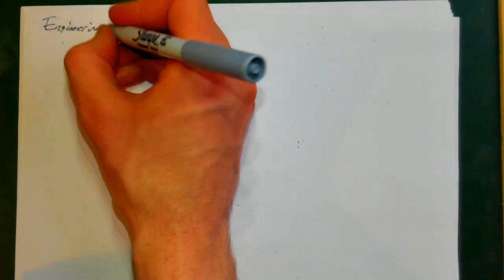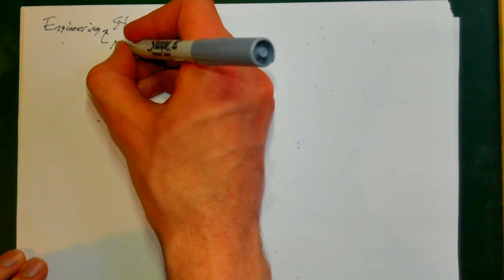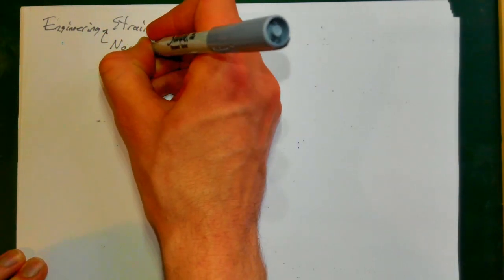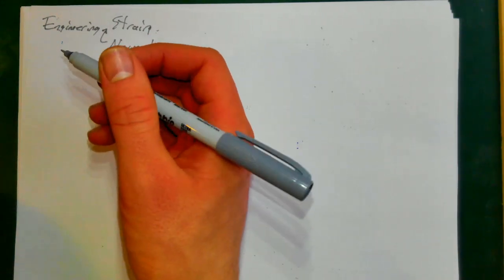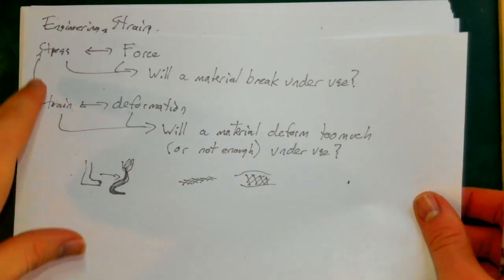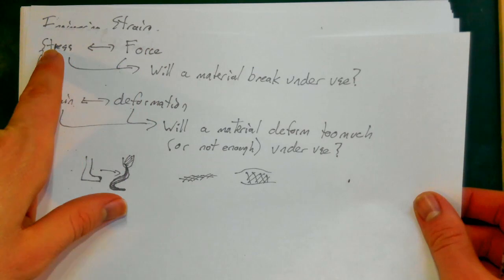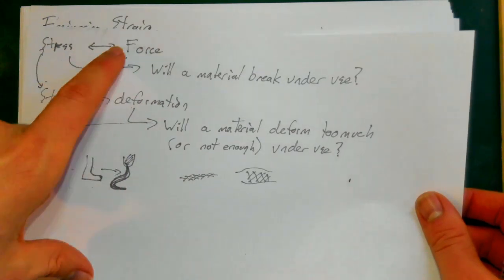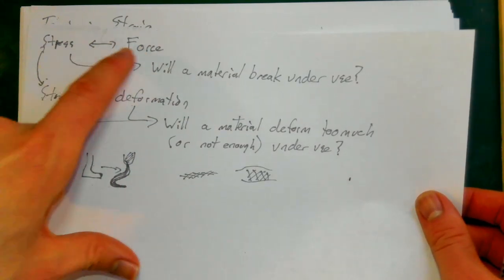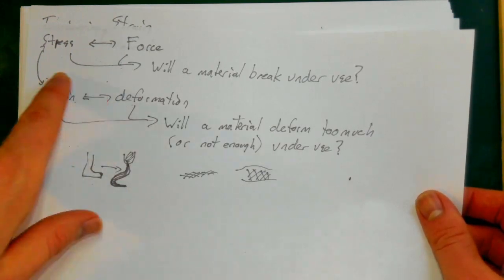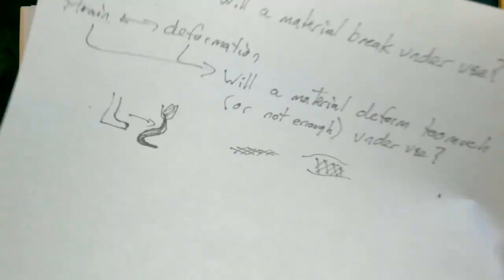So engineering strain, and in particular, we're talking about engineering normal strain right now. When we think about engineering strain, and as I set up this idea at the very beginning of the class, when we apply forces to things, stresses arise, right? Stress is force over area. And when we apply these stresses, undeniably we'll experience some strain in the material.